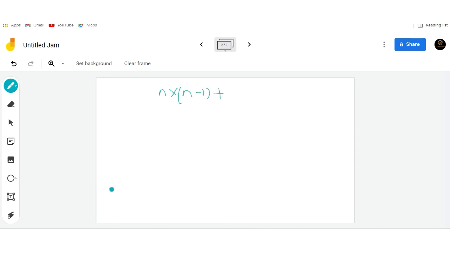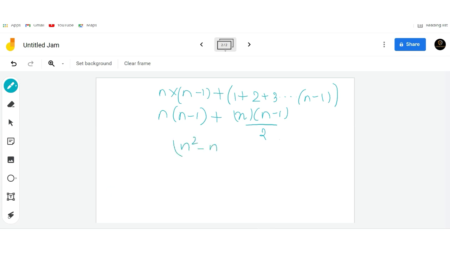So n into n minus 1 plus 1, 2, till n minus 1, you have to find the sum. So here it is n into n minus 1 plus n into n minus 1 divided by 2. Here it will become n square minus n into 2 plus n square minus n divided by 2. So our value will become 3n square minus 3n by 2.